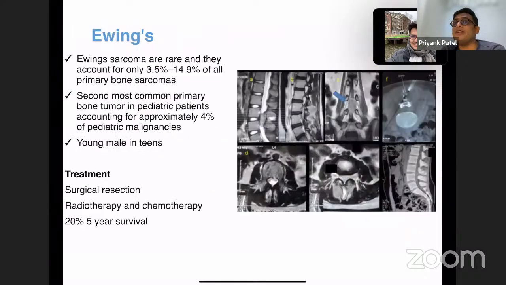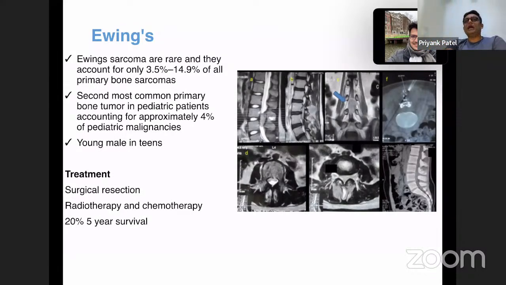The next type of tumors are Ewing sarcoma. Ewing sarcomas are again rare tumors, and they account for only around 3 to 15% of all primary bone sarcomas. It is the second most common primary bone tumor in the pediatric population. So in the pediatric population, whenever you get a primary bone tumor, think about Ewing's. It is very common.